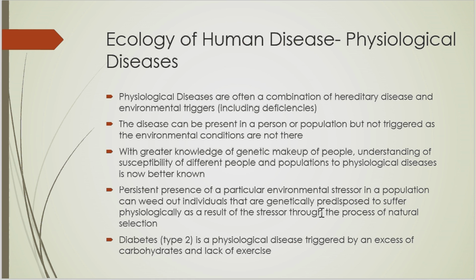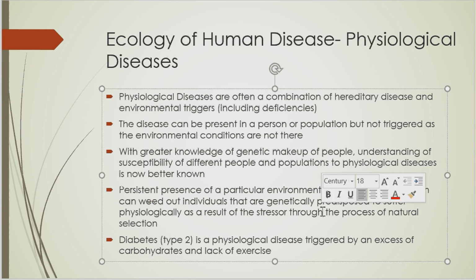Okay? So that is why in populations like, say, India, for instance, people tend to be more vulnerable to things like diabetes because they've not had to deal with a high sugar diet.